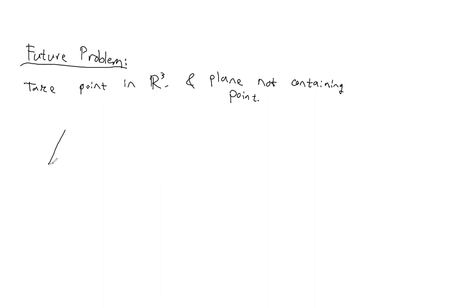So here's our plane. It looks something like this. This is a plane in R3, and you've got some point, which I'm going to call P. Maybe it's not a flat plane, but I'm just drawing three-dimensional axes to emphasize that this is, in fact, a plane in R3.